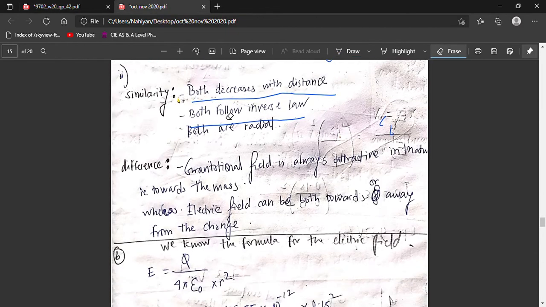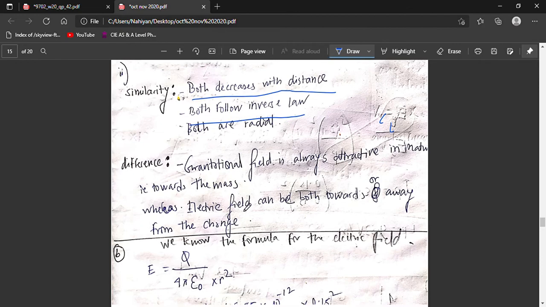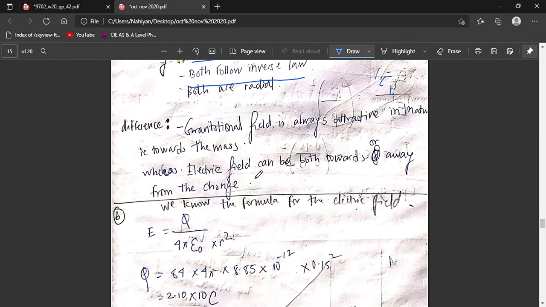So that's the main difference. The gravitational field is always attractive in nature and towards the mass, whereas the electric field can be both towards or away from the charge.